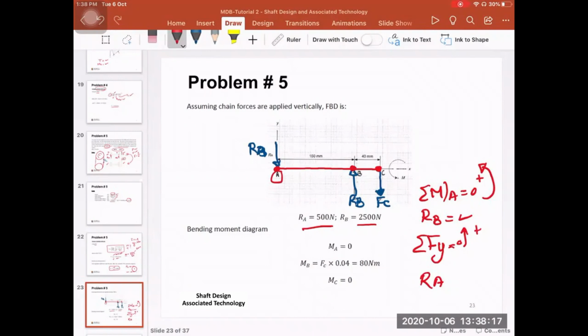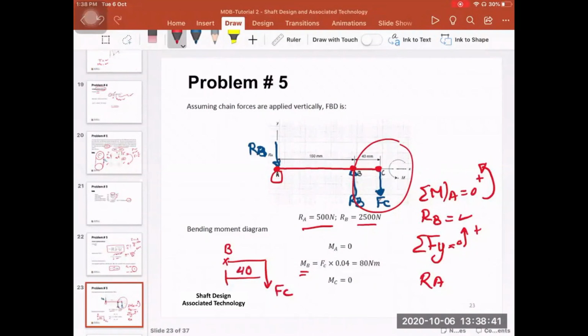If you were to calculate the bending moment at point B, you know that when we calculate the bending moment, we focus only on one side. So if you focus on the right-hand side here, it is like that. This is point B, and this is the force FC, and the distance between here and there is 40.